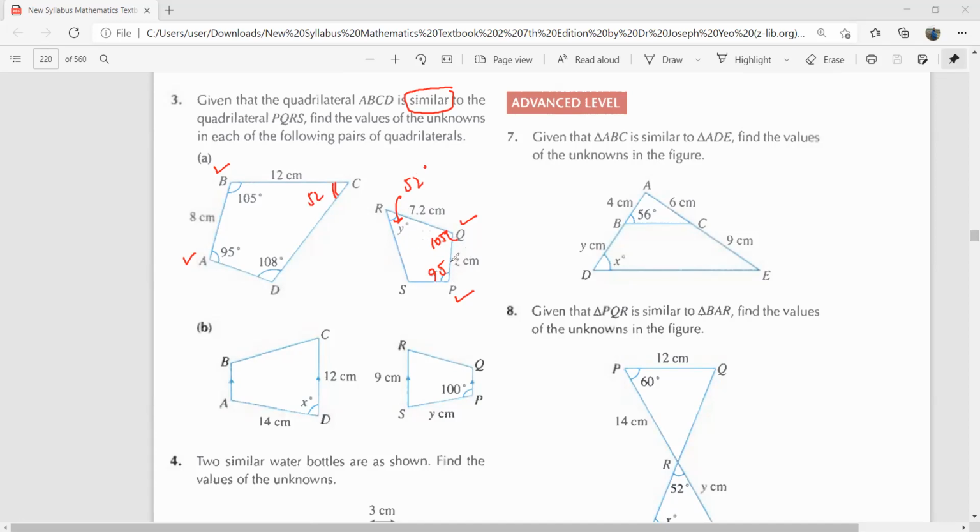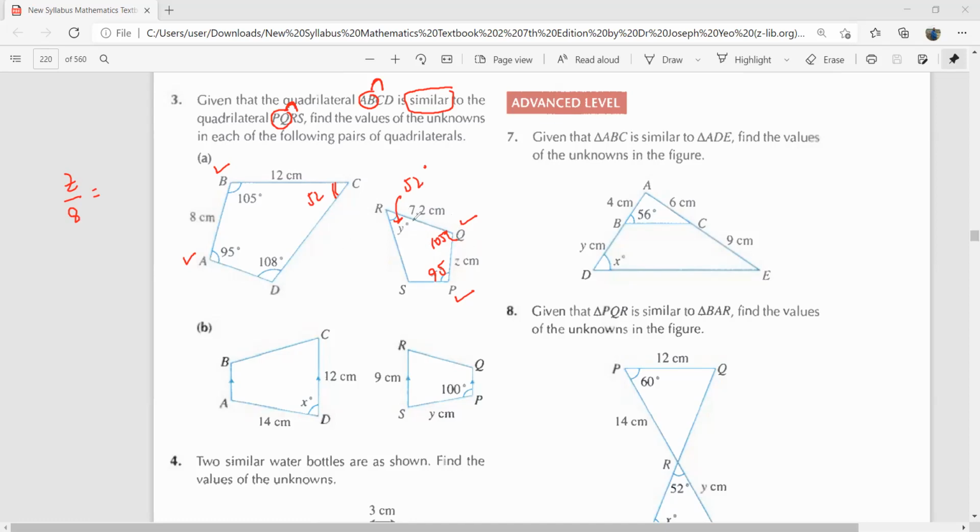Now look at this PQ. Now PQ from here, this is your PQ, is corresponding to AB. Now can I write this Z over 8? That is equal to, we are given this BC. So this BC in the middle here is going to correspond to QR in the middle here. So QR is 7.2. Now remember, I have written this z in the numerator.